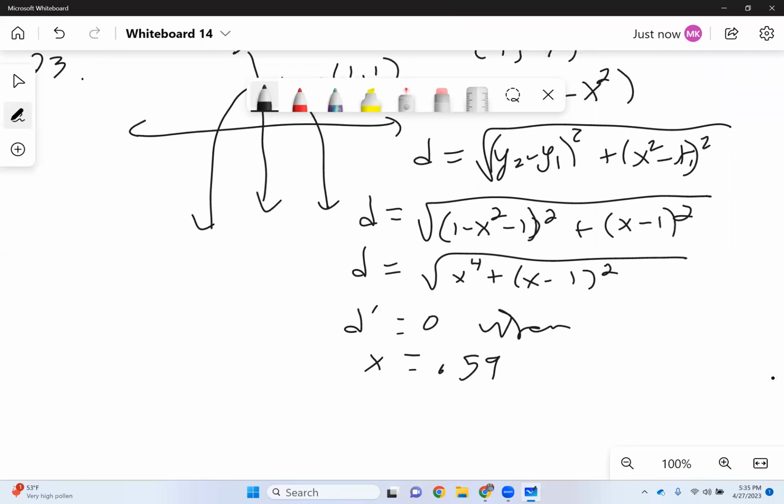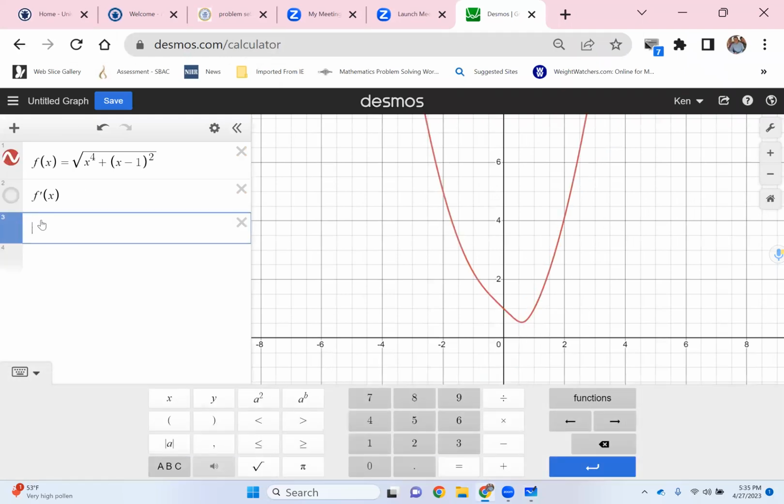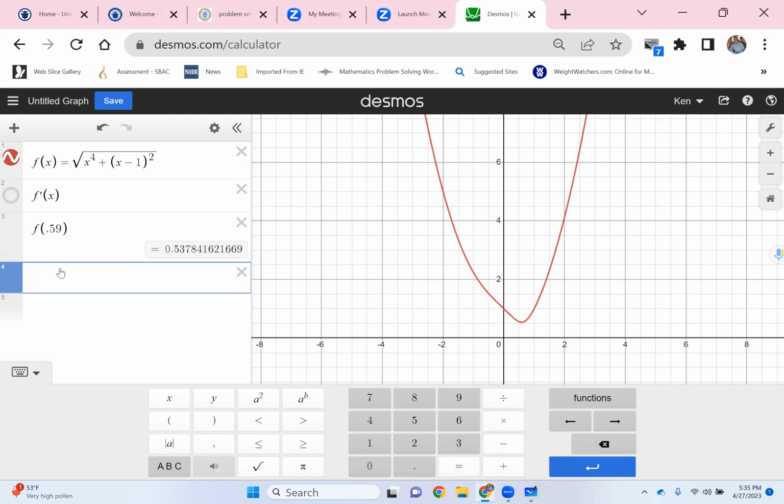And now we got to find the y value when x equals 0.59. So it's 1 minus... okay, so watch this. We turn this one on now, we turn this one off, and we say f of 0.59 is 0.538. So let's make sure that that point's on the graph. (0.59, 0.538).